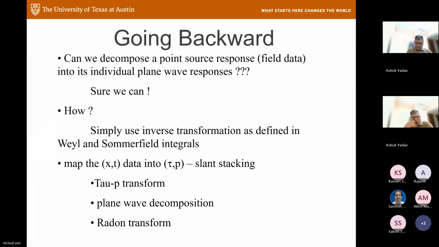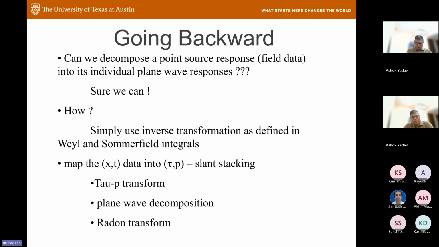Now going backward, if you take the point source and do a 3D Fourier transform, that gives you plane waves. Then how do you go from plane waves to point sources? Again, inverse Fourier transform in 3D.